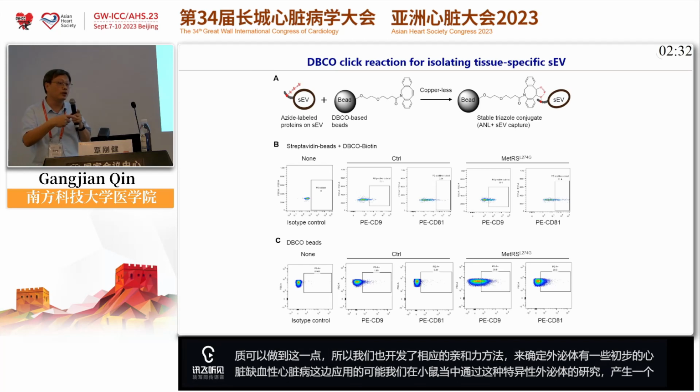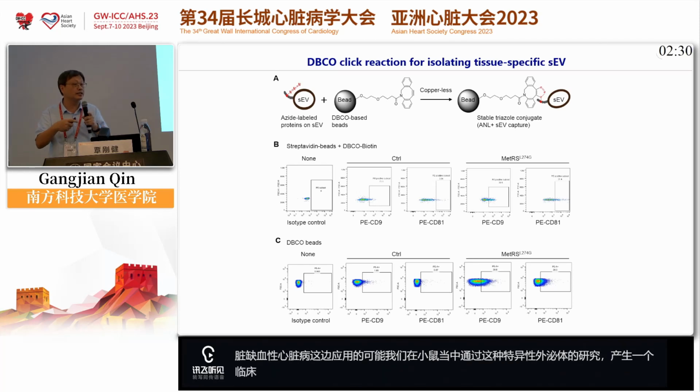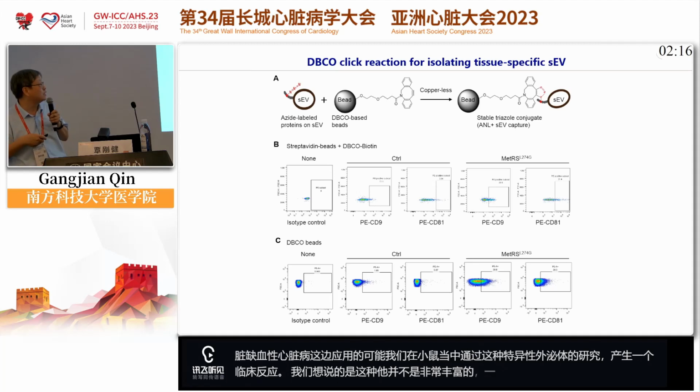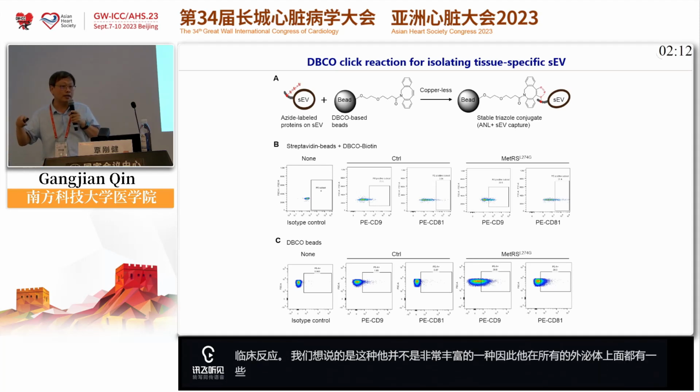As we all know, tissue-specific molecules on the surface of exosomes from any cells are not that abundant. So it can still be done, but it is a little bit challenging. We also use CD63 tagging.